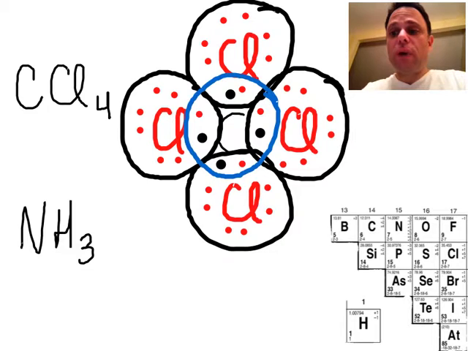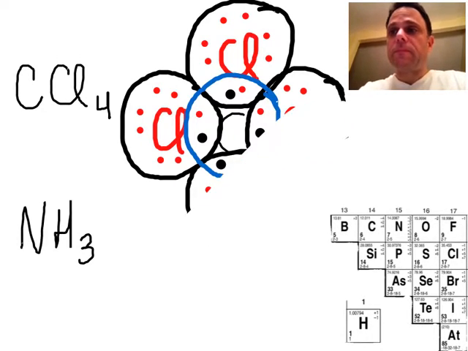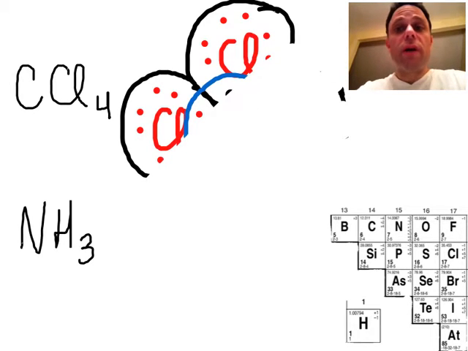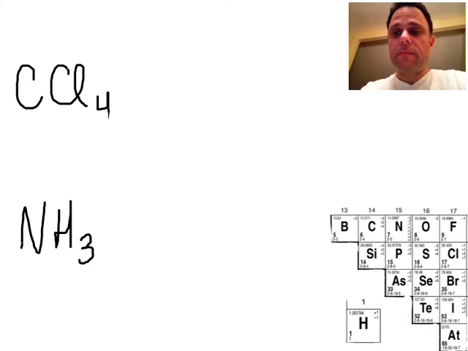We can also write that in this way. Let me get this off of the screen. Clean this up. We could write the structural formula. It looks like this. Just have to get some new pens.